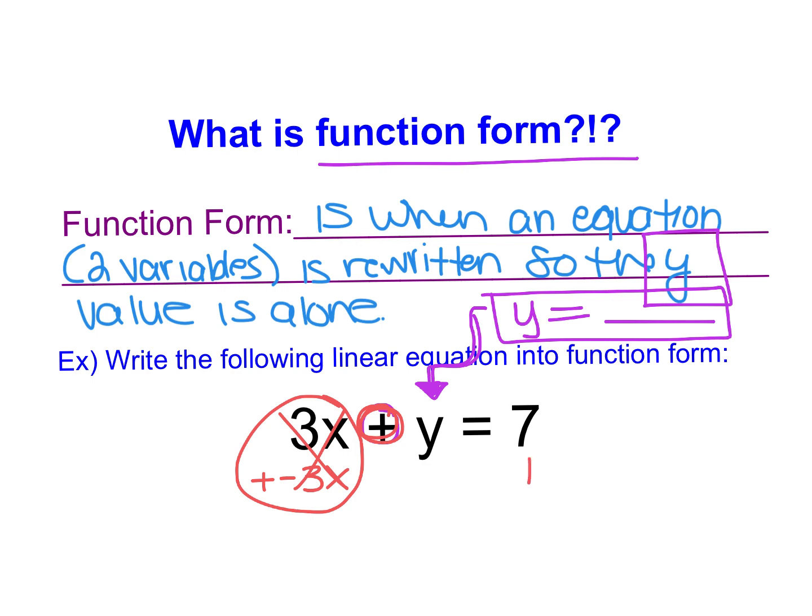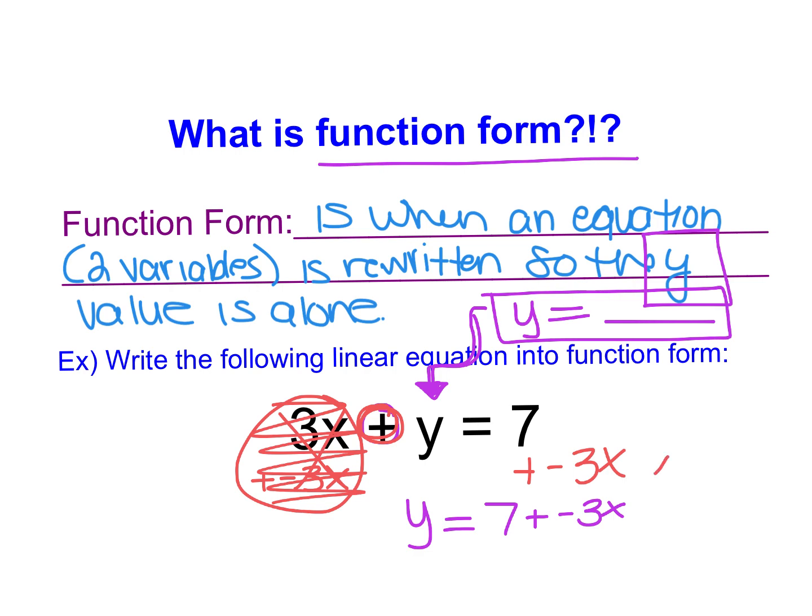And then we have to do that same thing to the other side of the equation. So here, this becomes 0 and cancels itself out. So we're left with just y. So we have y equals, and then on the right-hand side, we have 7 plus negative 3x. Now, some of you might be wondering why I didn't write 4x. If we look carefully, this term contains an x, and this term does not.